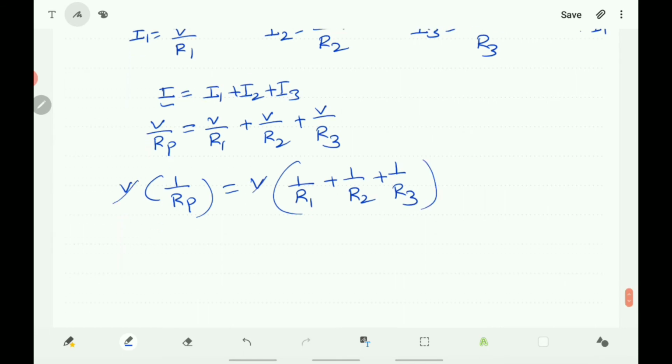So by cancelling V, what we will get? 1 by Rp equals 1 by R1 plus 1 by R2 plus 1 by R3.